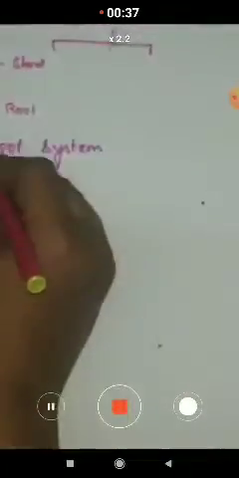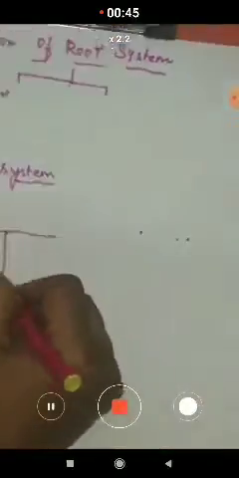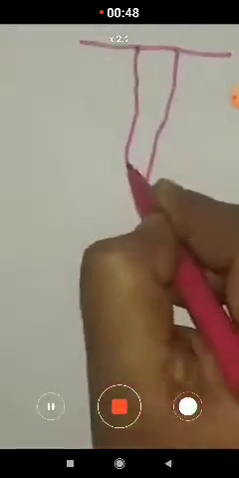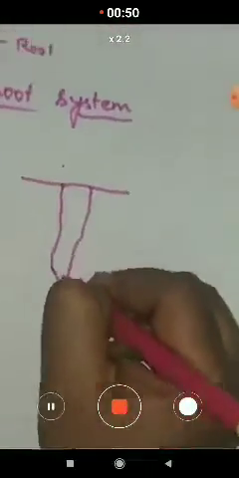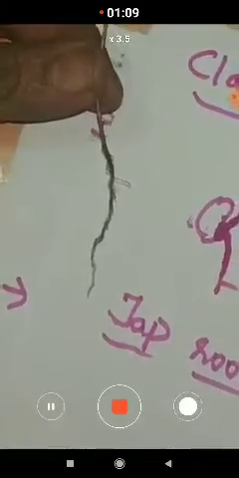What is the taproot system? Fourth standard you have learned. As the seed germinates, we can observe a single root starts growing from the base of the stem. And here in this plant you can observe many small lateral roots starting to arise from the main, that is, from the single root.